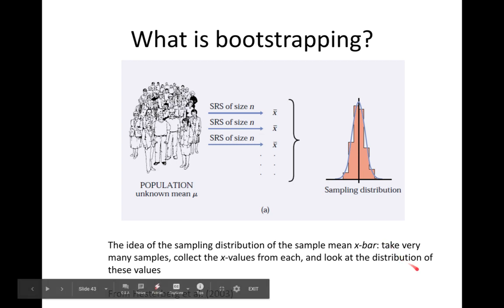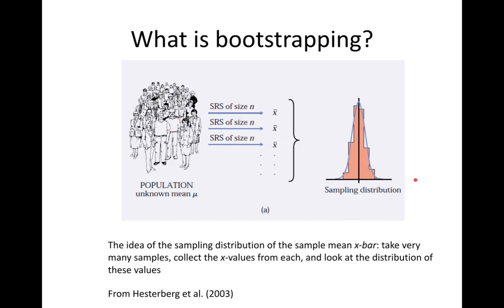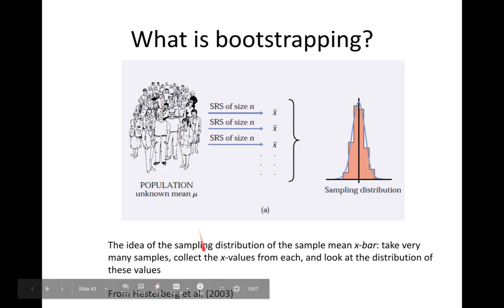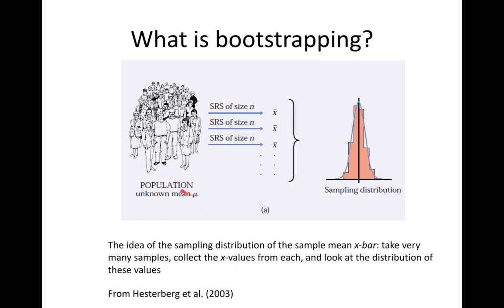Anytime we talk about sampling from a population, the idea is, okay, there's this population out there and there's this unknown value, we'll call it a mean, that we want to figure out. And the way to figure it out is you just take a bunch of samples from that population and you get estimates of that mean.